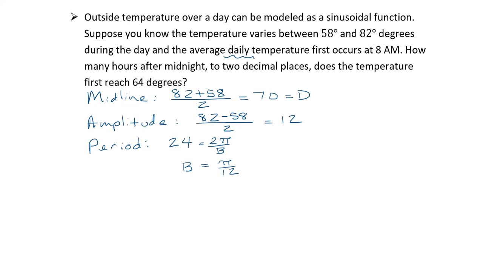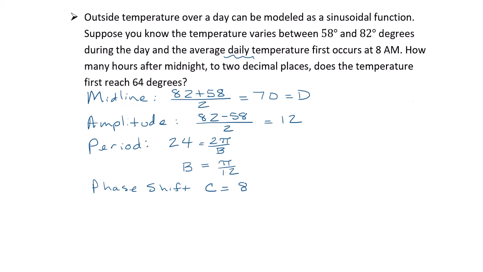And I know that c is my phase shift. The phase shift, c, is going to be 8. This way I can start my average daily temperature first starting at 8 a.m. right here, and this is going to be for us a sine curve.